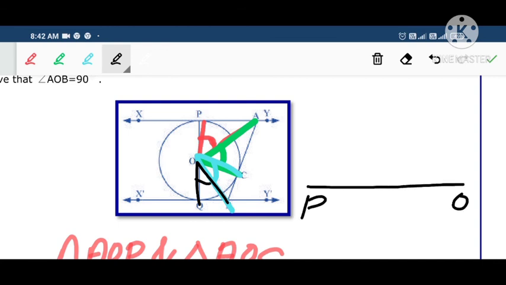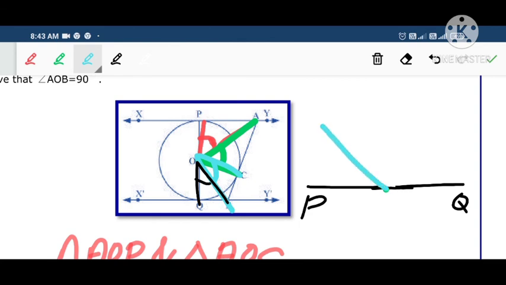PQ is the diameter of the circle, and O is the center. Here I take all the lines.